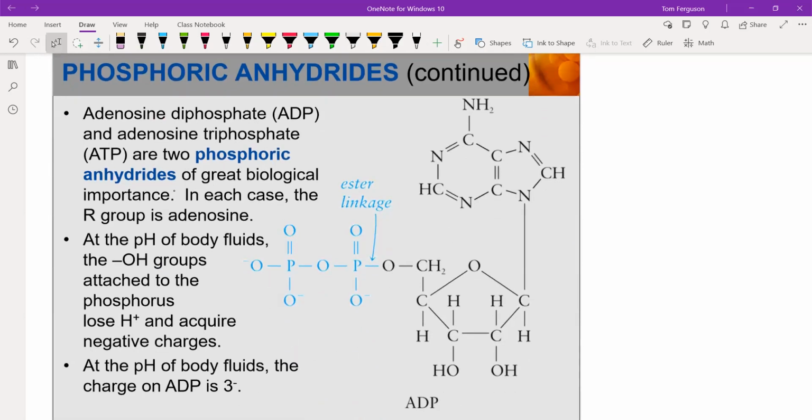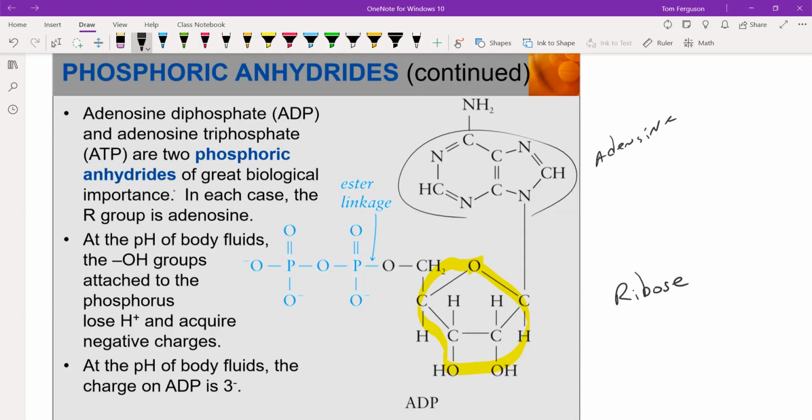So this is what ADP looks like. A couple things here now. That is ribose, a sugar. And this is adenosine, which is one of the base pairs in DNA.